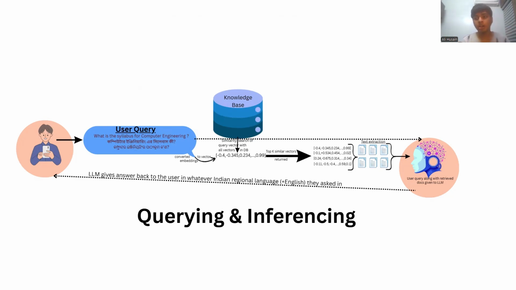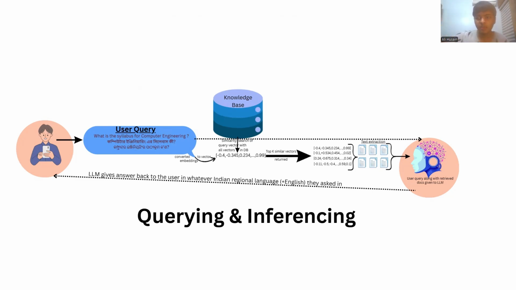So supposedly, a person, Alice, enters a user query in Odia, saying that they want a computer engineering syllabus. Now it would look in the knowledge database, and then it would probably return some computer syllabus chunks.